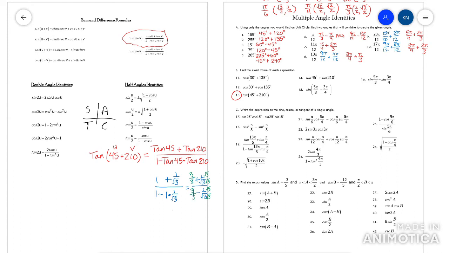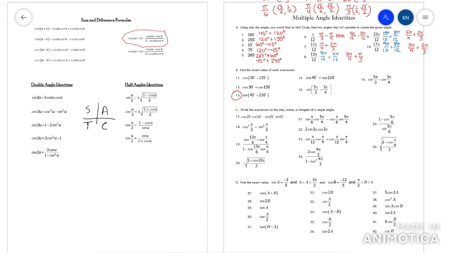So it's actually going to be 3 plus root 3 over 3 over 3 minus root 3 over 3. Again, that's a little bit more advanced and you probably don't have to do it, but that's how you would handle that problem. So I hope you kind of see how you can combine fractions to be able to use reference angles that you know. That's the whole point of this.